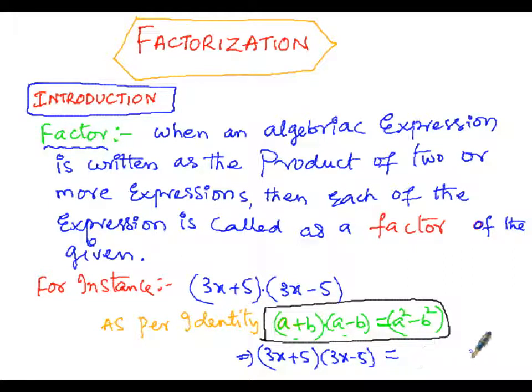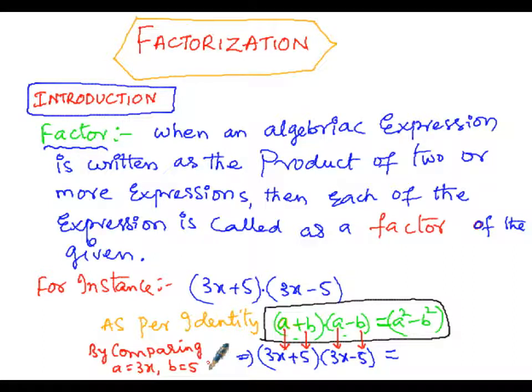Before writing the product of these two expressions, first of all let us compare. We substitute a by 3x and b by 5. So, a equals 3x and b equals 5. By comparing, we can write a as 3x and b as 5.